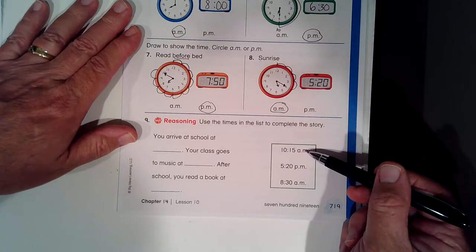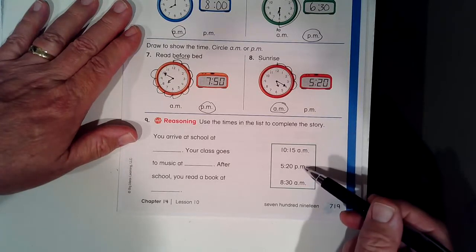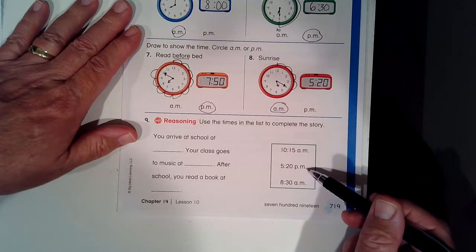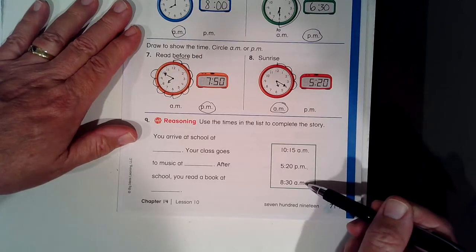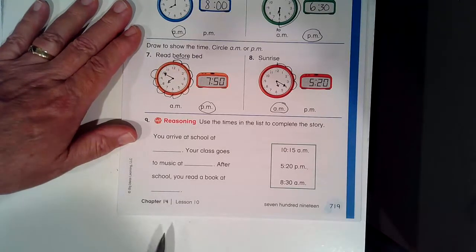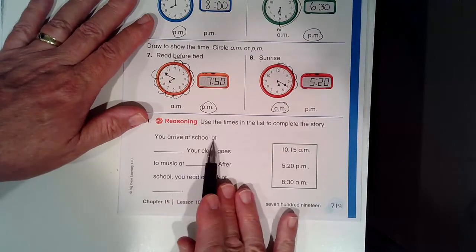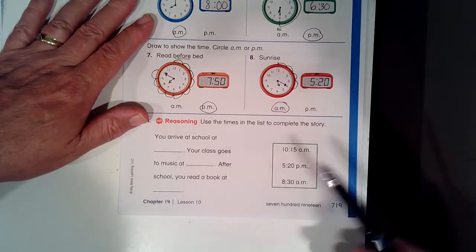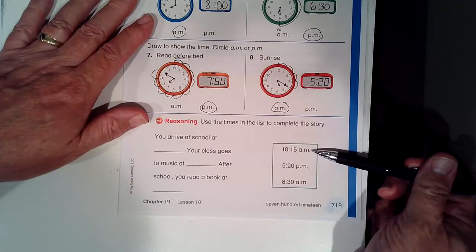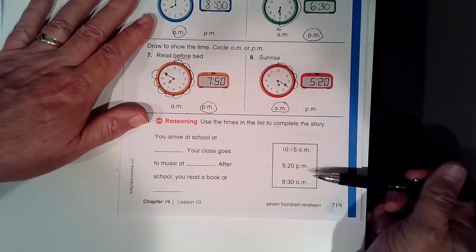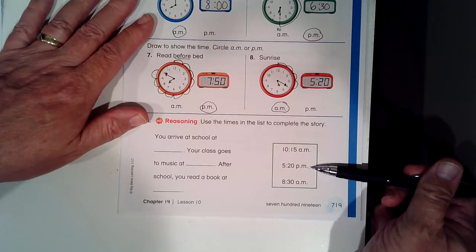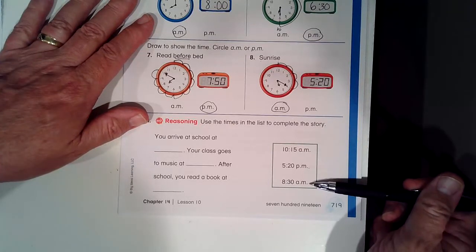We have 10:15 a.m., we have 5:20 p.m., and we have 8:30 a.m. So let's take a look. You arrive at school at what time? Do we get to school at 10 a.m., 5:20 p.m., or 8:30 a.m.?